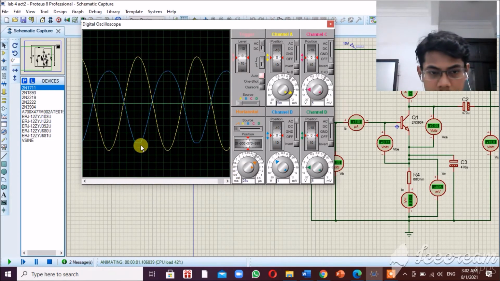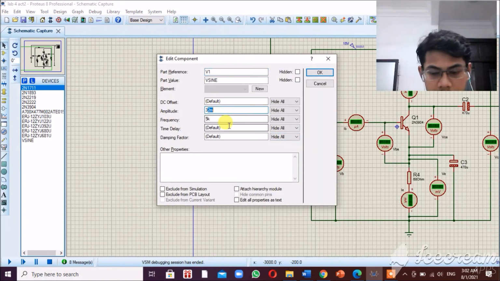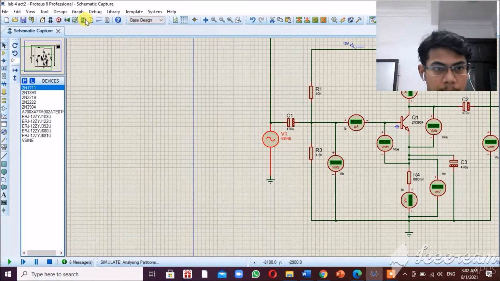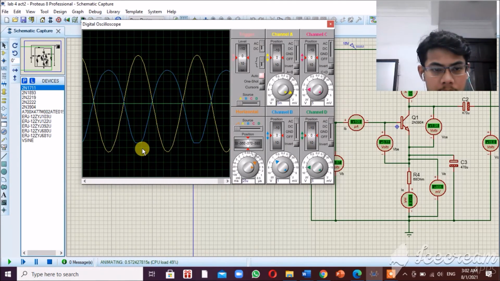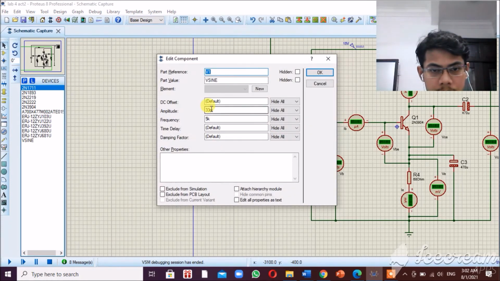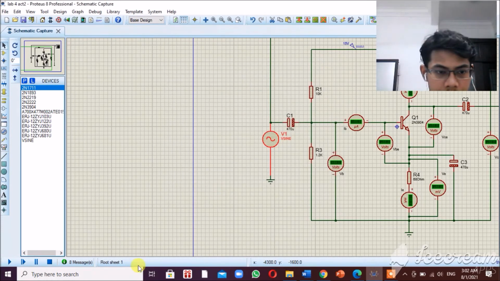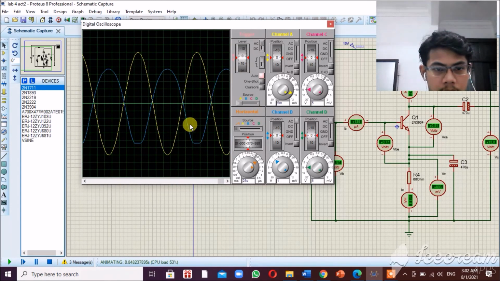You start to see a little bit of clipping here. And let's try 33 millivolt. And it starts to clip a little bit. Let's try 35, and there is clipping.